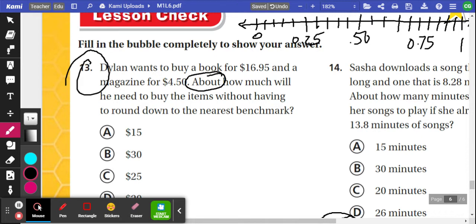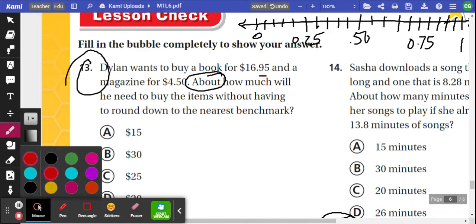If I'm using the 16, I would have to have 16 of these, right? But I'm going to look at my 95. Let me make it a little bit easier. This is my 25 right here, this is my 50, this is my 75, and then here's my 1. So I'm going to take a look at my 95.